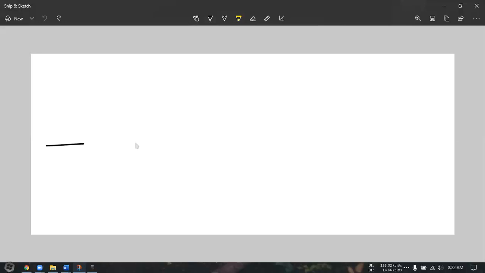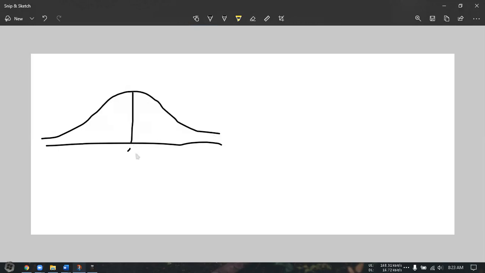Normal curve. Here, and 162 is somewhere on the left side.